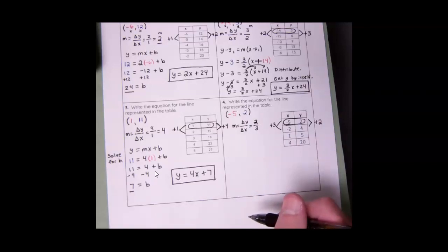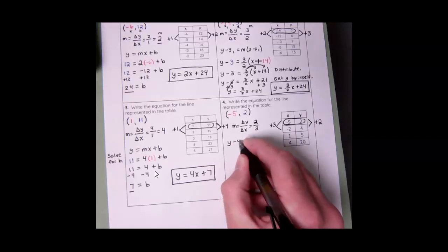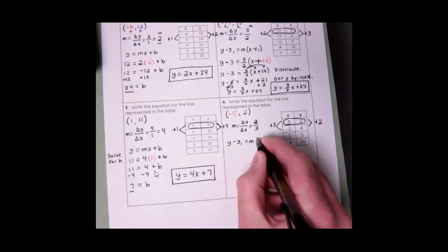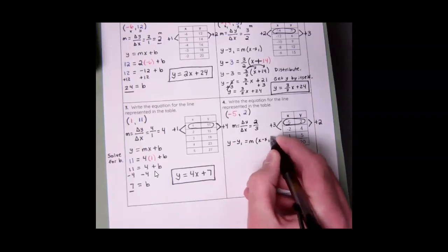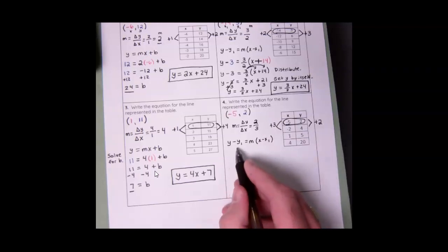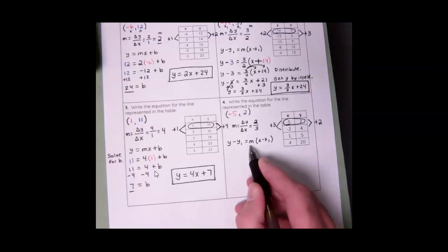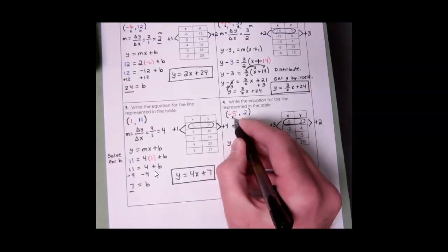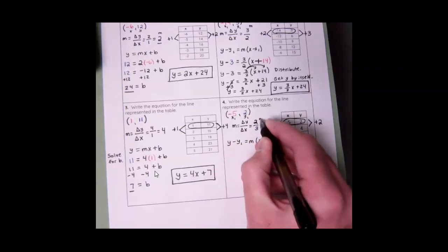Okay, so now what we're going to do is continue to plug it into this point-slope form. Okay, I'm going to plug in my y1, my x1, and my m. Remember, this is my x1, this is my y1, and this is my m.